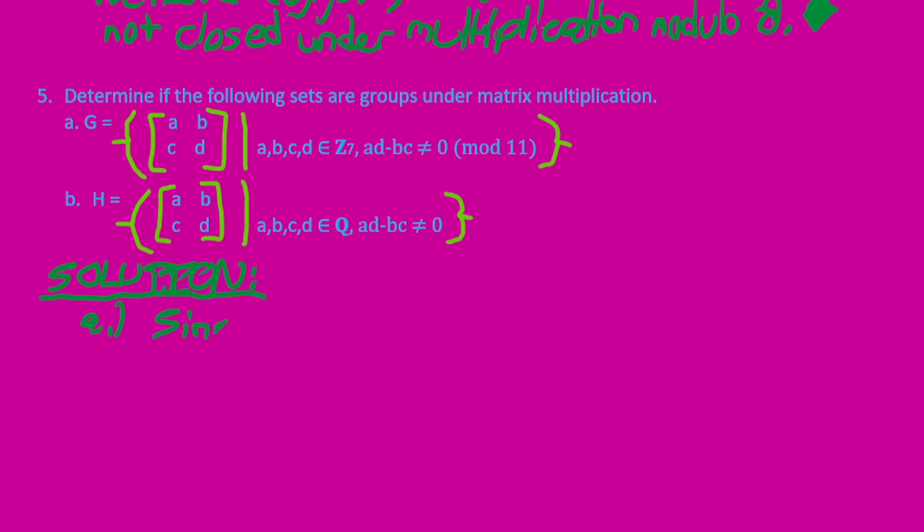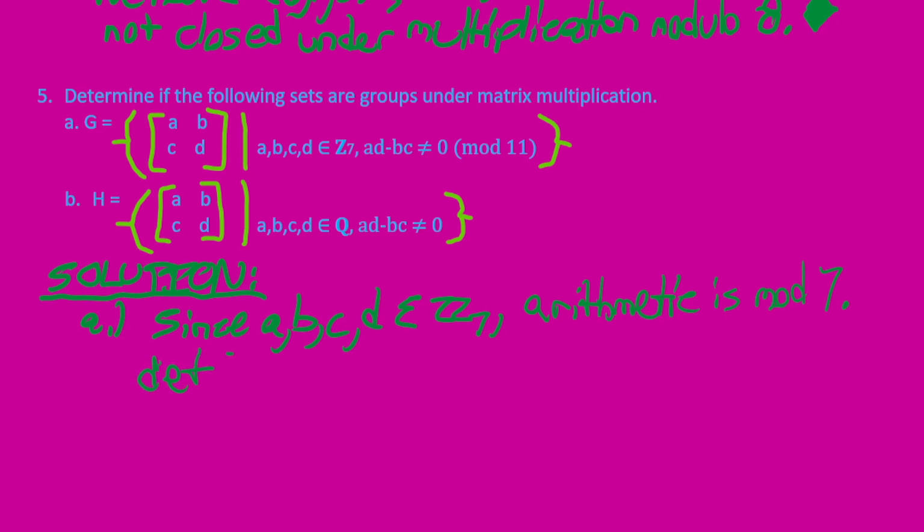Since A, B, C, and D are elements of integers with addition modulo 7, the arithmetic is mod 7.